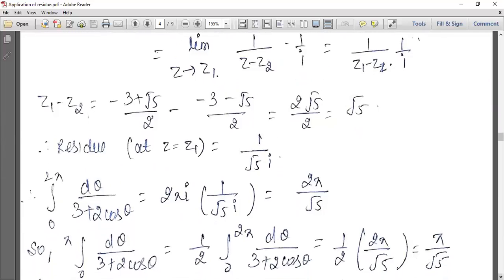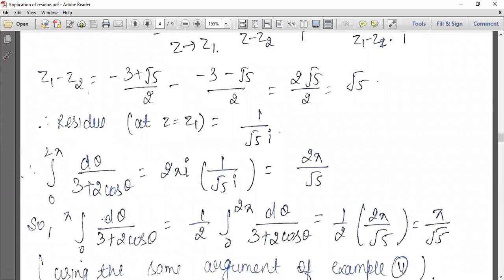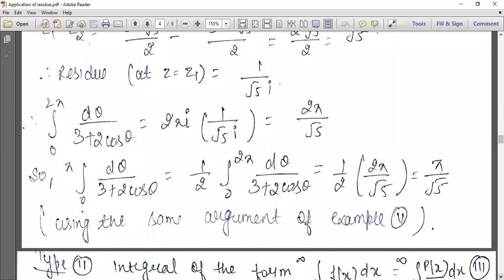So using Cauchy's residue theorem, this integral will be 2 pi iota times the sum of residues. Only one residue is there, so this will be 2 pi upon root 5. Now, just see, here my integration limits are from 0 to 2 pi, but I need to calculate for 0 to pi. So again, I will use the fact that cos theta is an even function.